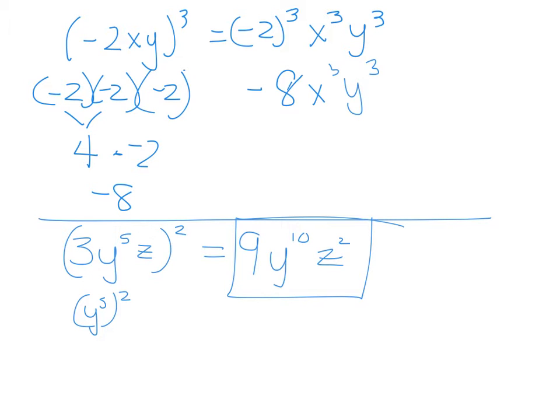Let's make it a little more difficult now. If I have negative 2 x to the 3rd y to the fourth, all of that to the third power, times negative 3 x y to the third, all of that to the second power.